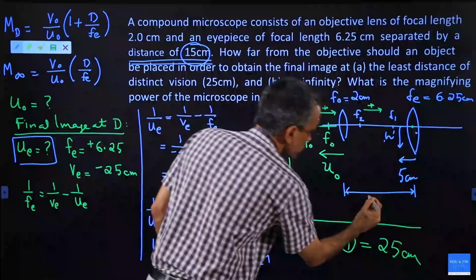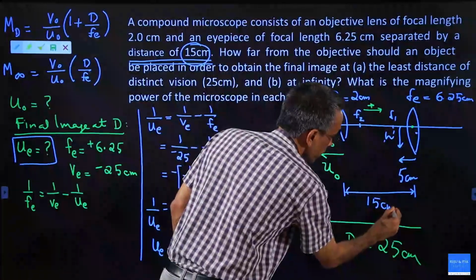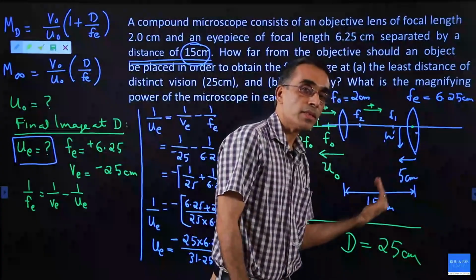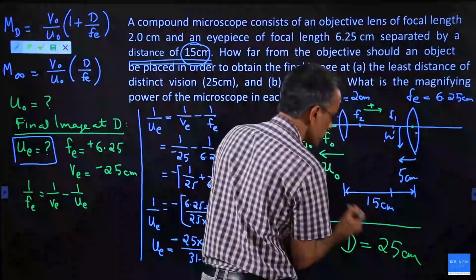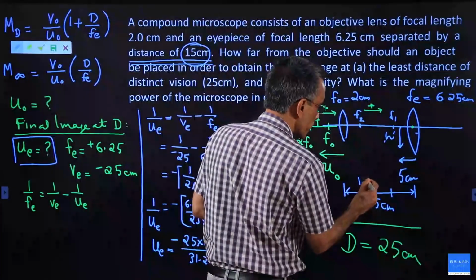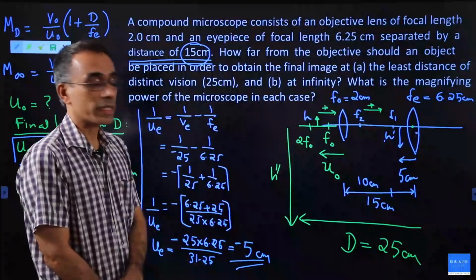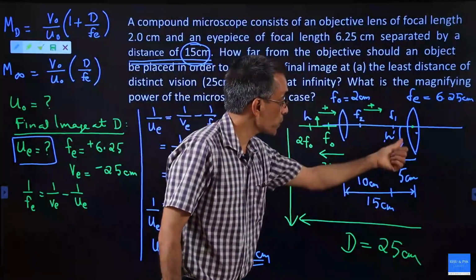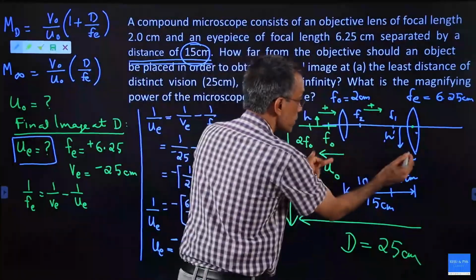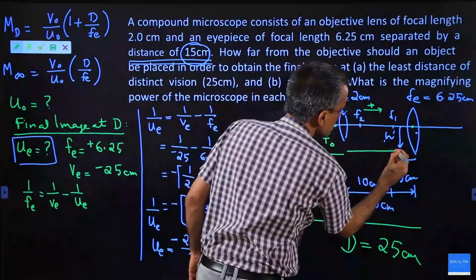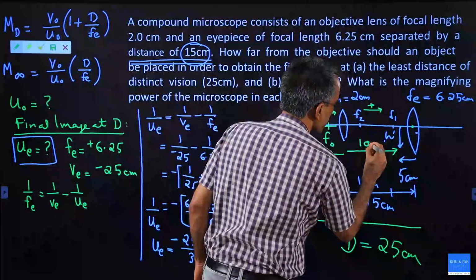So of the total distance of 15 centimeter, the image is formed at 5 centimeter from this side, which means it is at a distance of 10 centimeter from the objective. It is the image produced by the objective, so this distance is 10 centimeter.